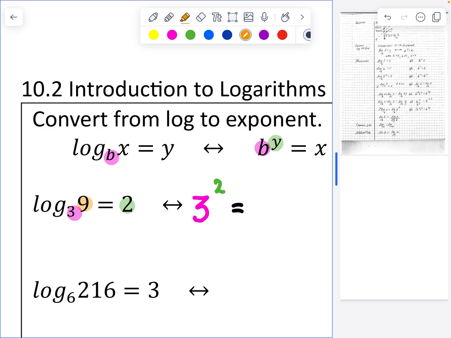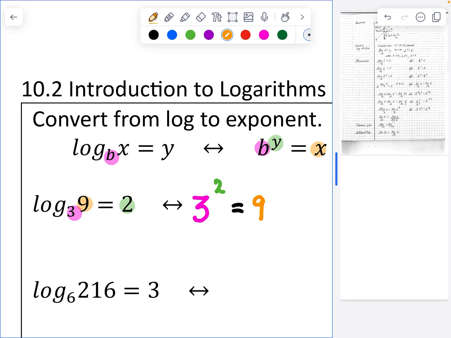That's also a true statement, that 3 squared is equal to 9. So 3 squared is equal to 9, that's the exponent. A logarithm would say the logarithm whose base is 3 of 9 is equal to 2. Those say that they are equal to one another. They mean they have the same value.